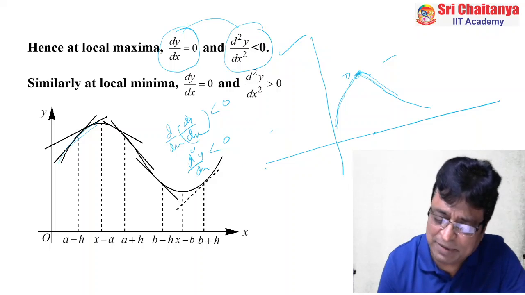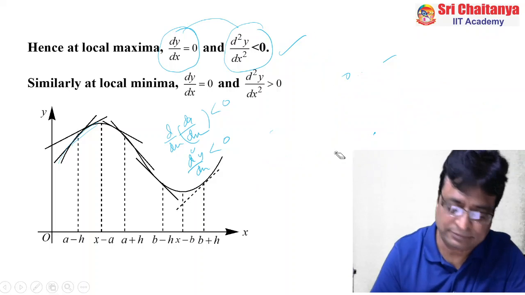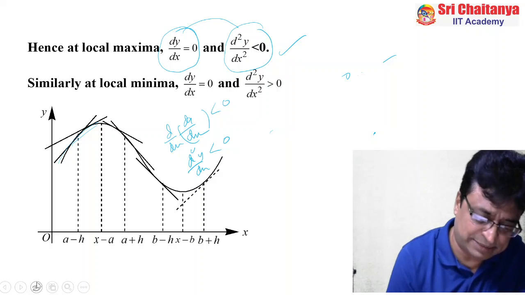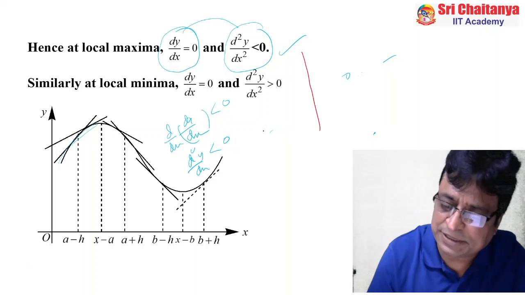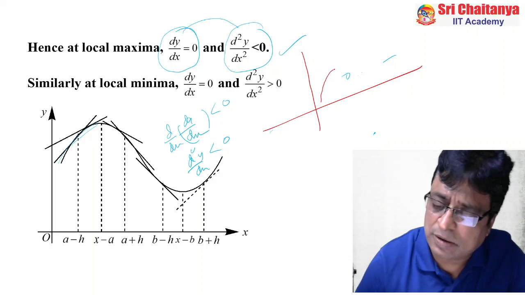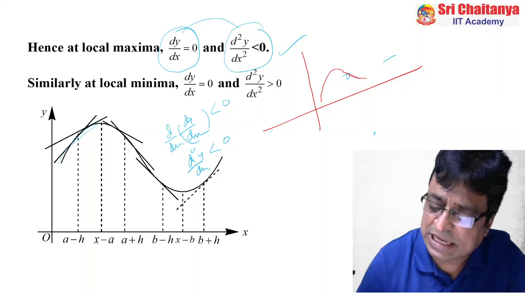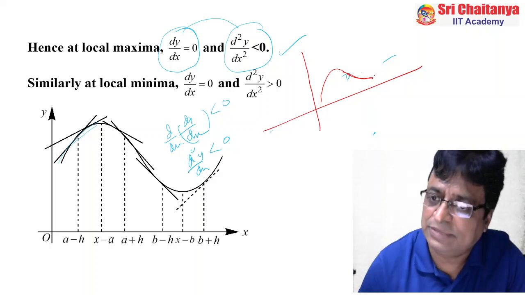Similarly, consider the next concept. Suppose this is my function. Suppose this is the situation. Dy by dx less than 0 means it is coming down, decreasing. At this point it is 0, so it is settling down.